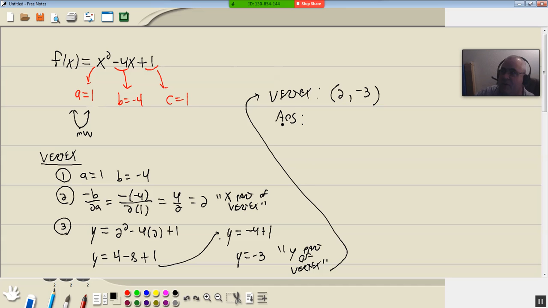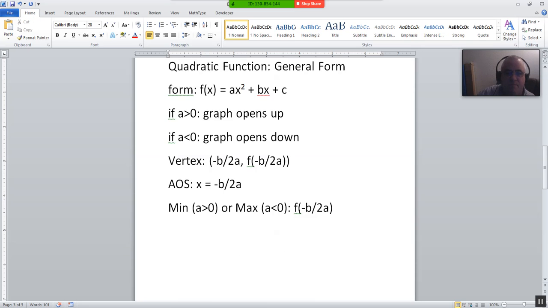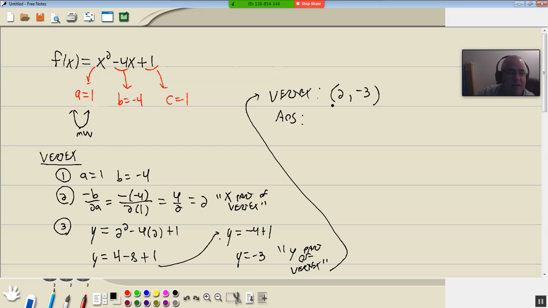Now axis of symmetry. Even though it looks kind of bizarre in the formula, you'll notice that the axis of symmetry, negative b over 2a, happens to match the x part of the vertex. And it does. Here, we're going to have x is equal to 2. We've already indicated we have a min.